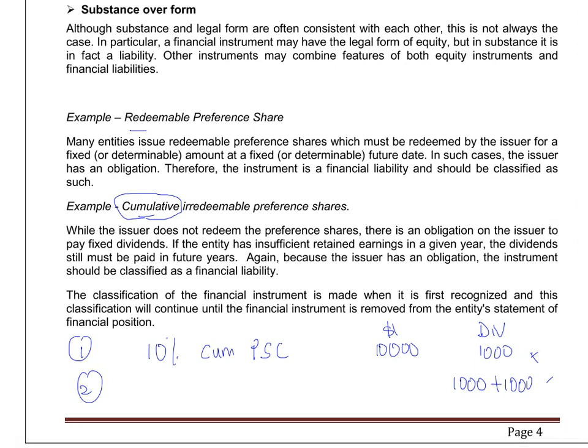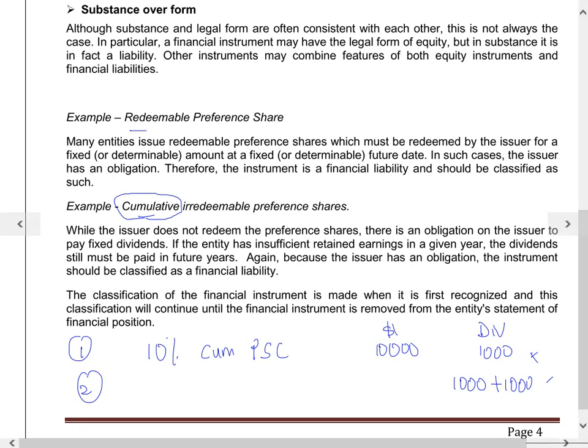There is such thing called non-cumulative. If non-cumulative means what? If this year I must pay, fixed. However, this year no money, then no need to pay. What about next year? Non-cumulative, next year you pay also 1,000. But this one is cumulative, means you have to pay 2,000. Understand?